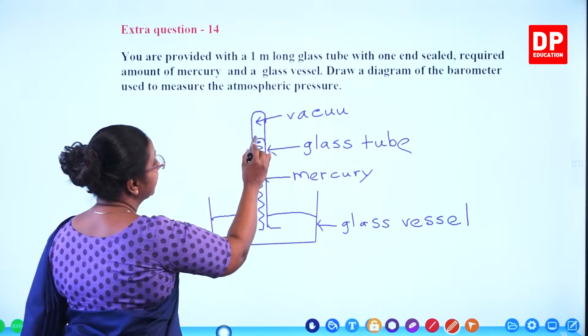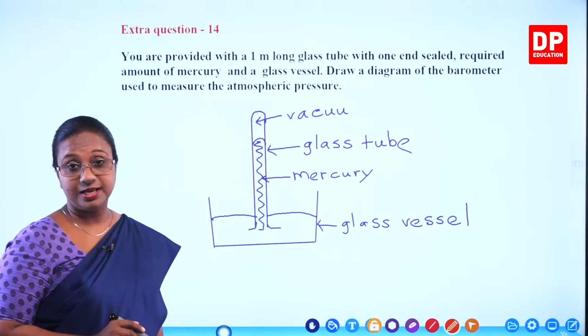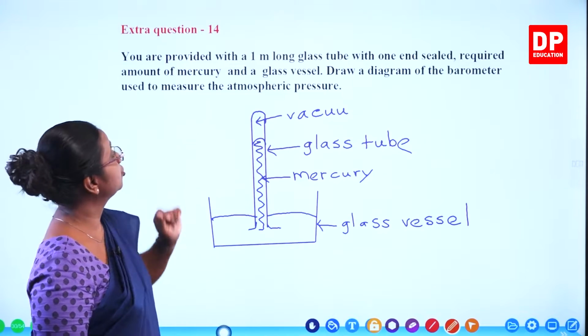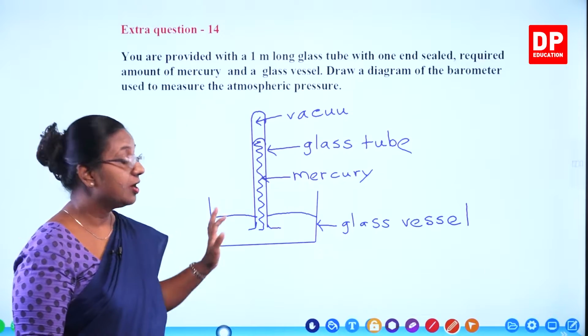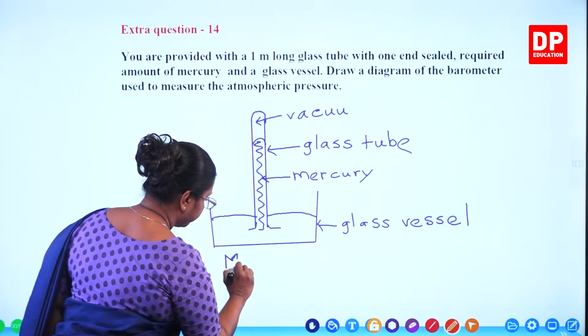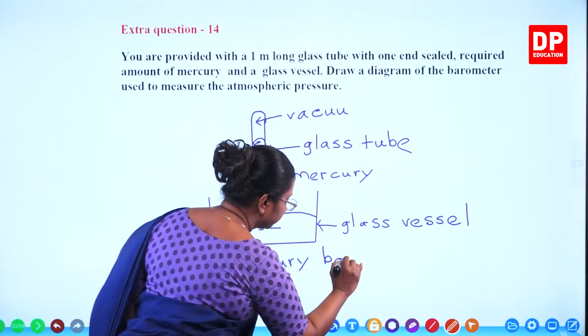So the pressure exerted by the mercury column will be equal to the atmospheric pressure. So this is the diagram of the barometer used to measure the atmospheric pressure. What do we call this? A mercury barometer.